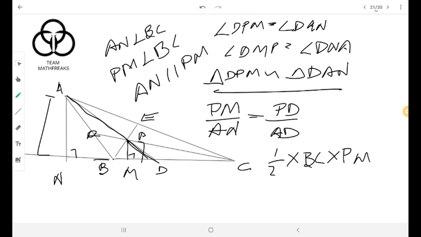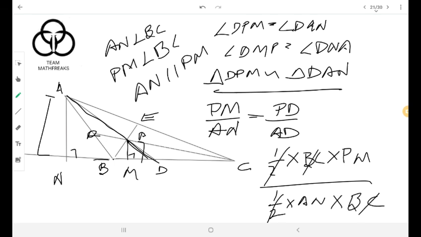And area of triangle ABC is half into AN into BC. Half BC cancel.